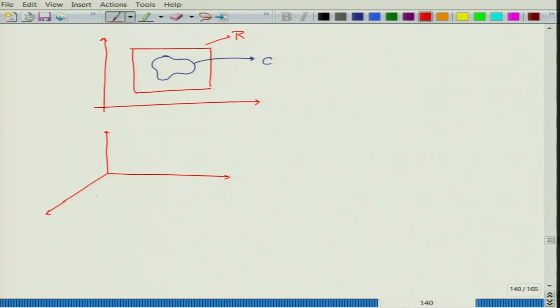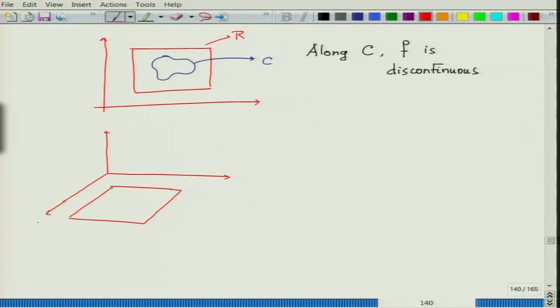For example, if this is your R, so along C, suppose you have a graph.